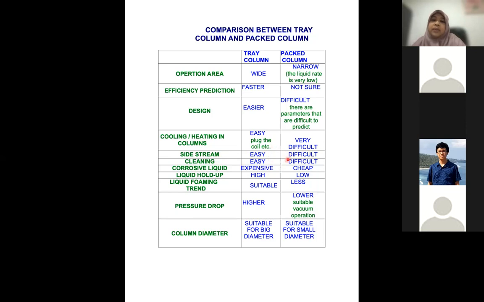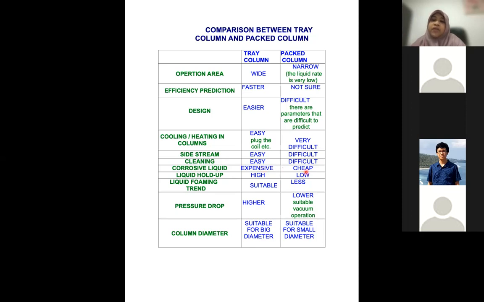However, for the tray column, because it is a very big and large column, if there is a corrosive liquid, it will damage all of the trays, from the top and then the next one, and the next one. So it is expensive to change.